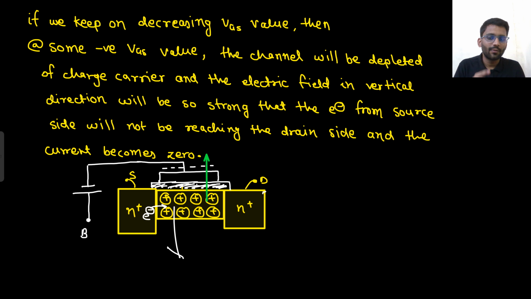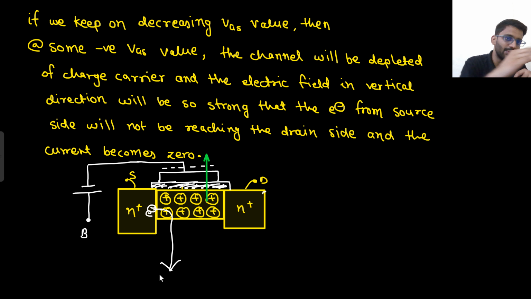The electron came out of the source side, and since there was a very high electric field, this was the trajectory of the electron. It wanted to go from source through the channel to drain, but there was so much high electric field that it goes like that.